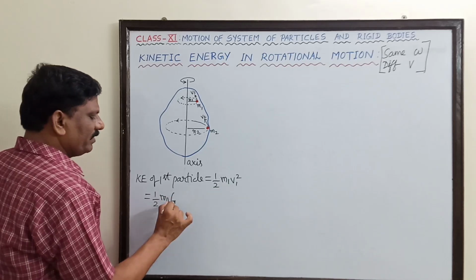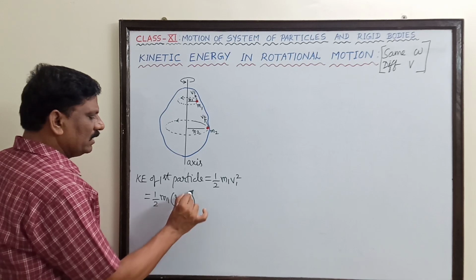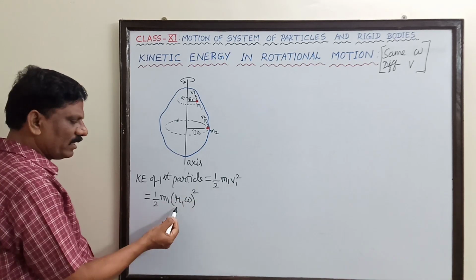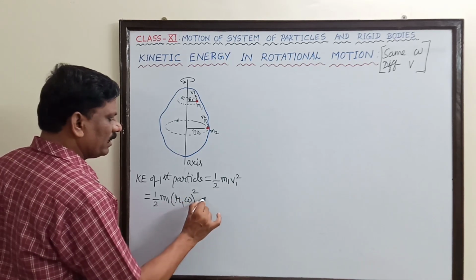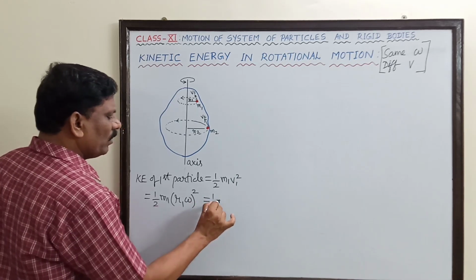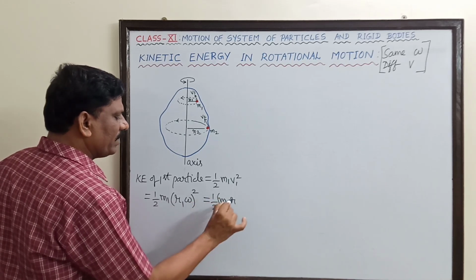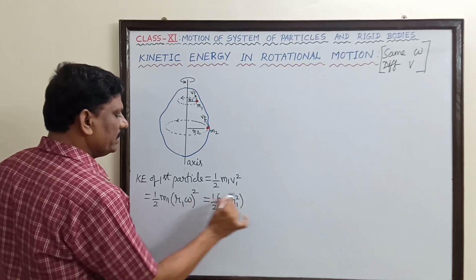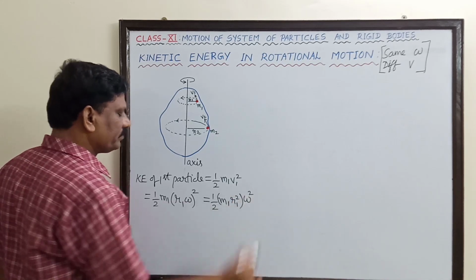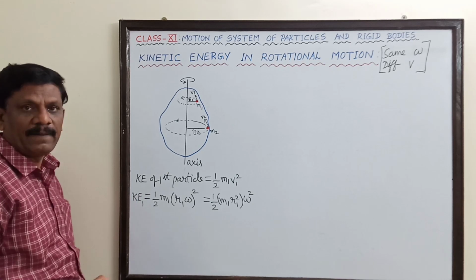So the radius of the first particle is r1, so v1 is r1 omega, the whole square. So this is now equal to half into m1 into r1 square into omega square. This is the kinetic energy of the first particle.